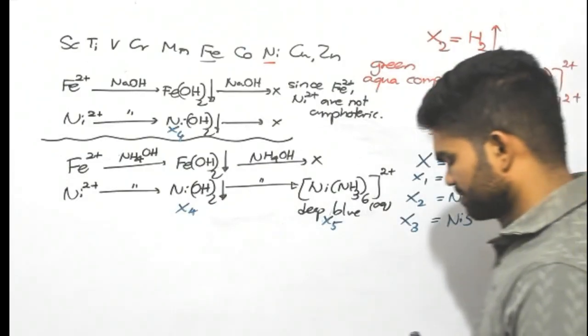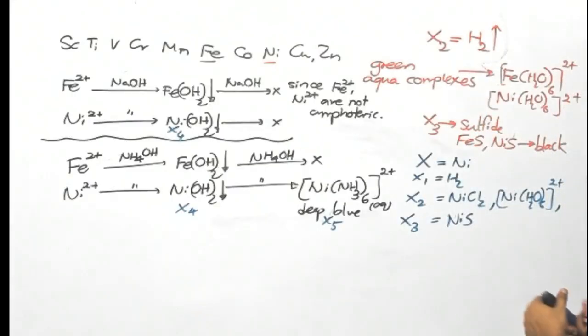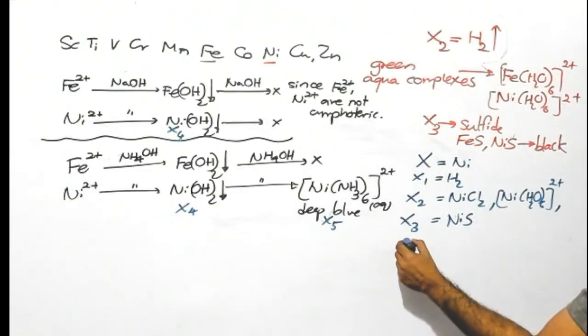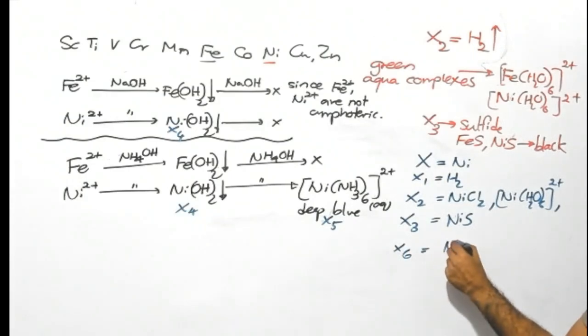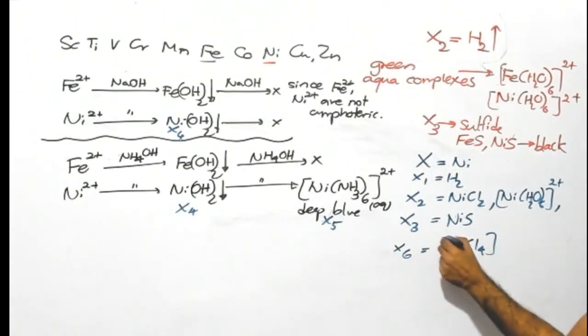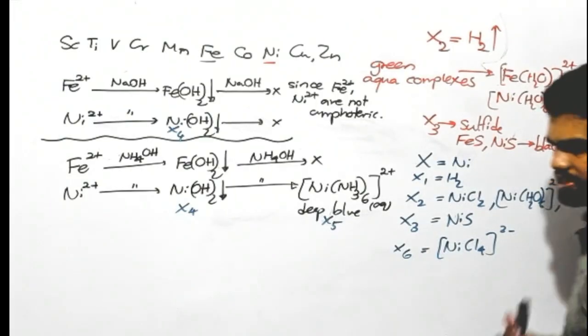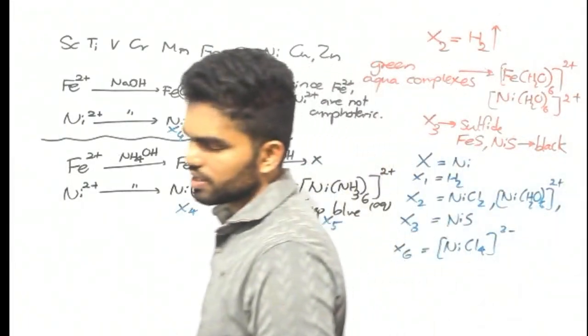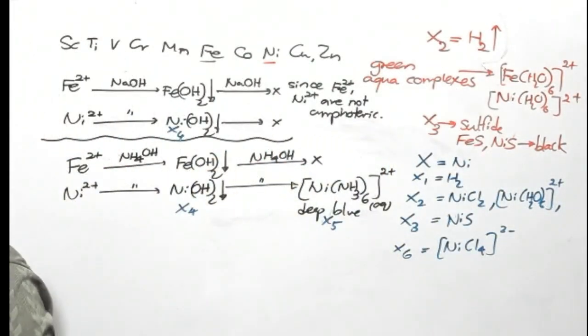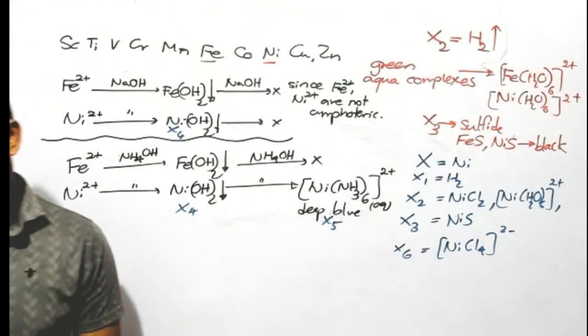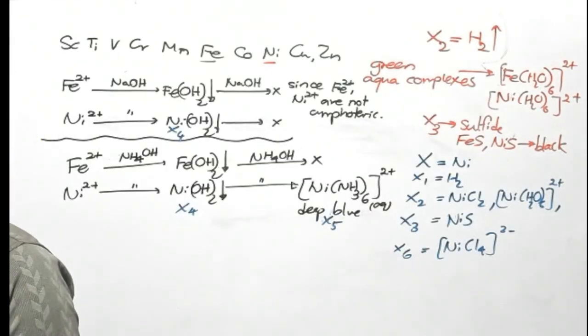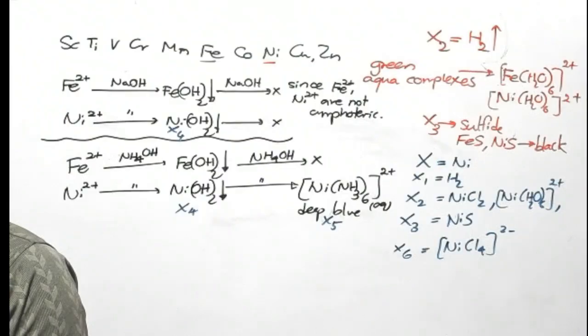So then this aqua complex will give you the tetrachloride complex, NiCl4 2-. All chloride complexes that we study are tetrachloride. Understood? So that's how you get X1 to X6.